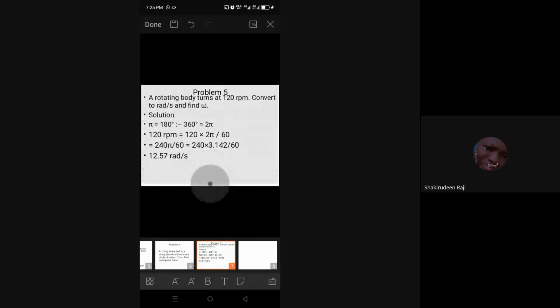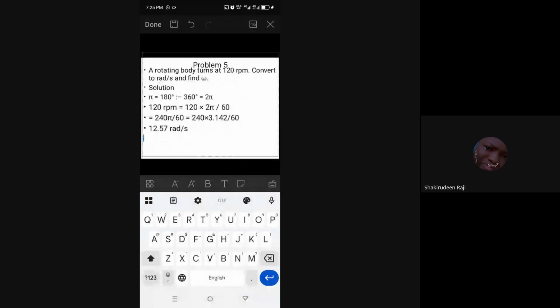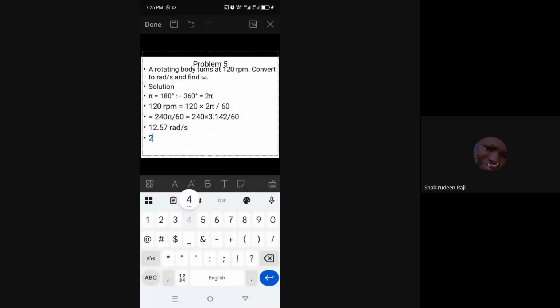I can have something like this. Instead of writing 12.57 radians per second, remember that what I divided was 240 pi. Please pay attention to this one so that you don't get confused when you are seeing pi in the options, and your own answer is different without pi. Don't get confused, it's still the same thing.